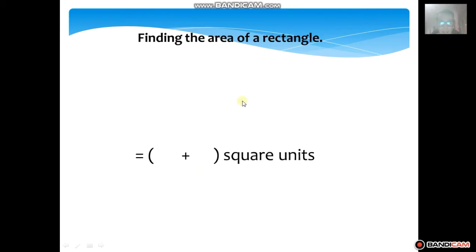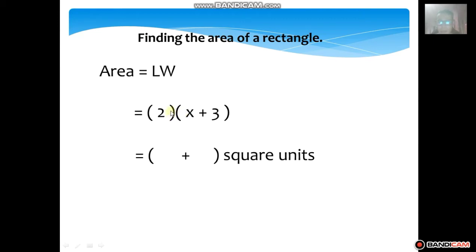Let us find the area of the rectangle using this formula. From this formula, we are going to substitute the value of the length and the width. Guys, do not be confused by the position of our givens here. Once we are dealing with multiplication, the position of the variables or any numbers can be interchanged. So it doesn't matter. We can still obtain the exact result.